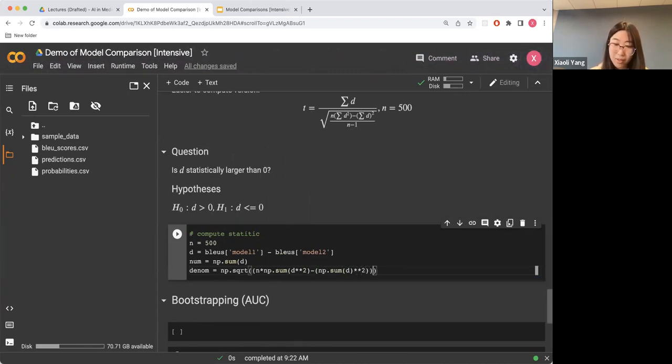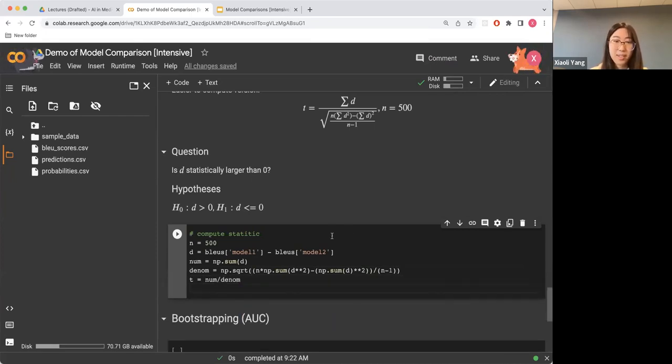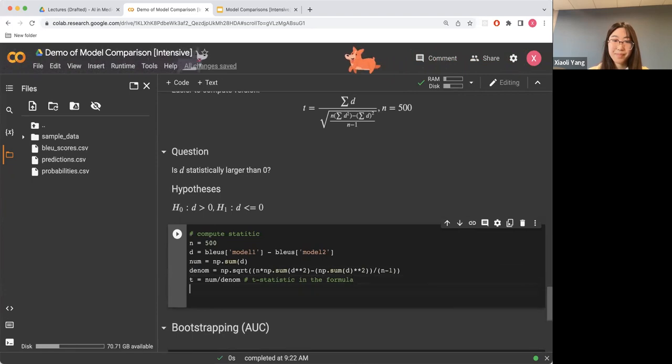And then we normalize it by n minus 1 as the denominator. Yeah, it should be correct. We divide them together, and here is our test statistic, the T statistic in the formula.